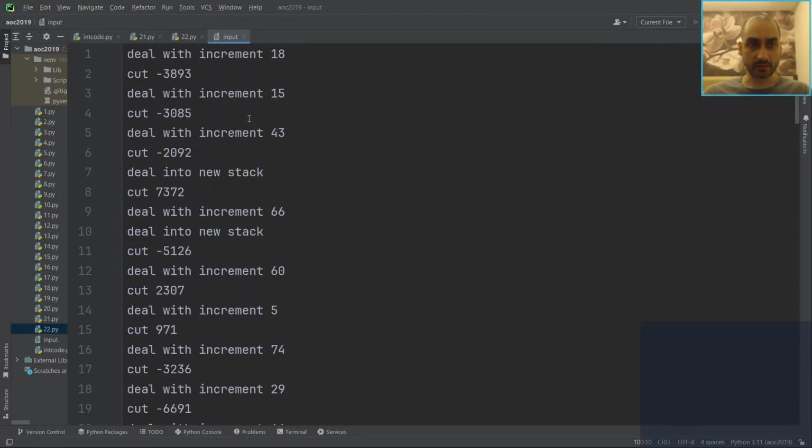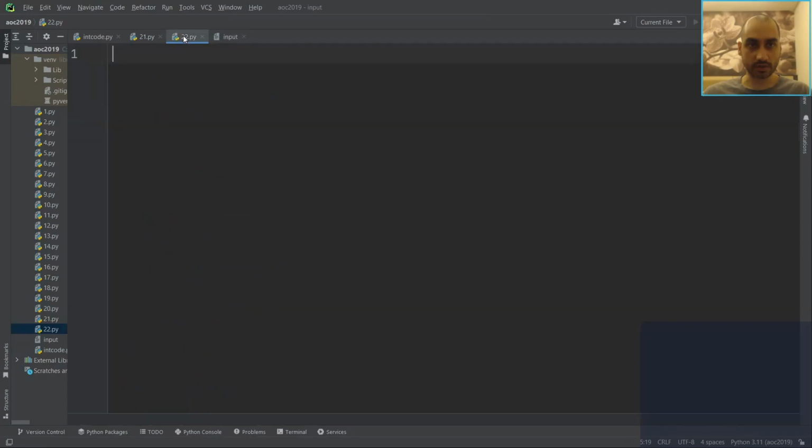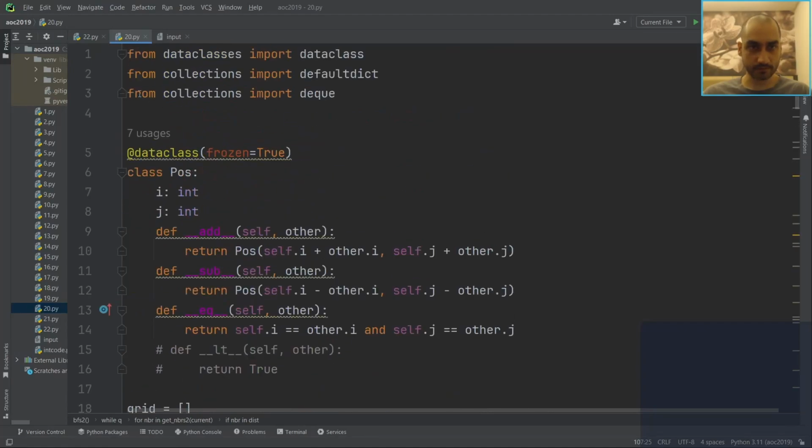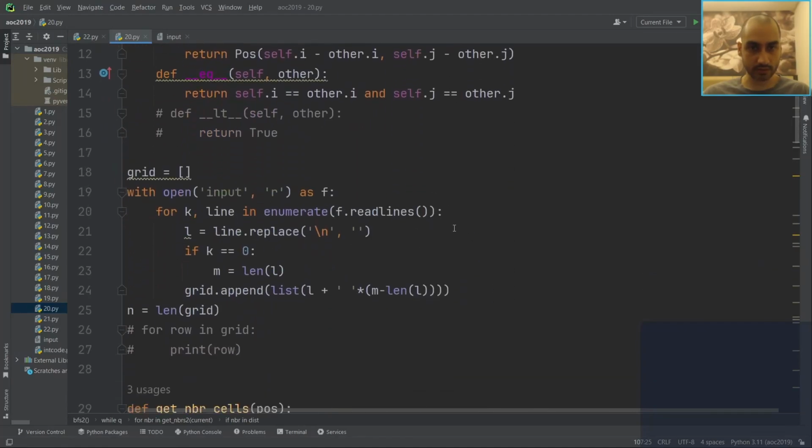It's in plain words, so we need to interpret this. So let's just have a look at, I don't know, 20, copy some scripts. Okay, do it like this.